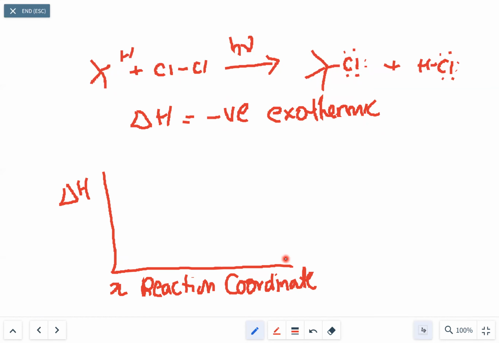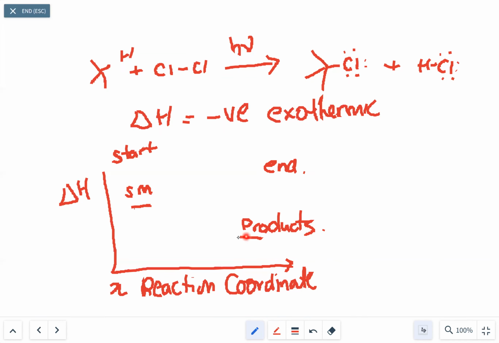Or said another way, on the left-hand side, this is the start of the reaction. And on the right-hand side, this is the end of the reaction. So it could be called time, but it's not really called time. So in a system like this where it's exothermic, your starting materials would be over here, and your products would be over here.